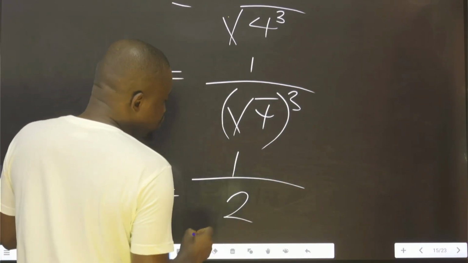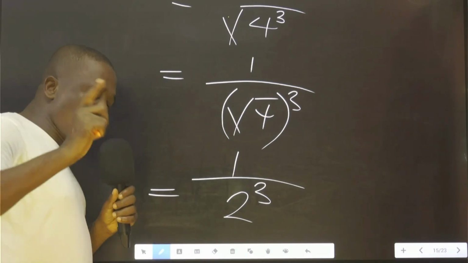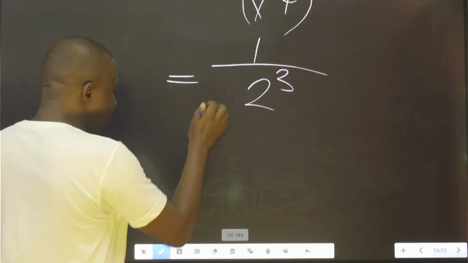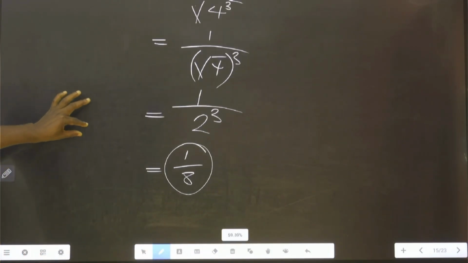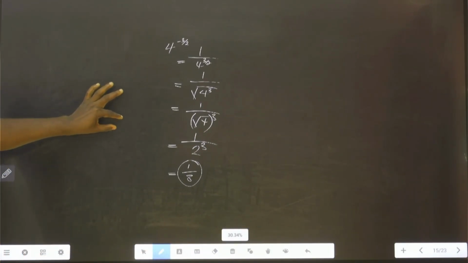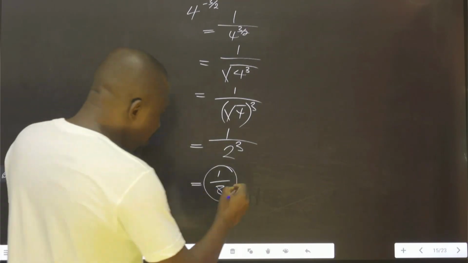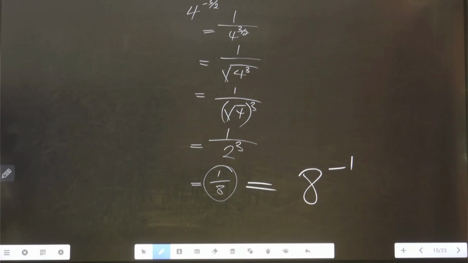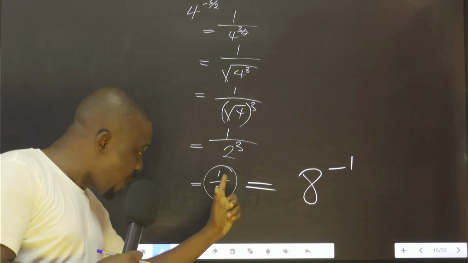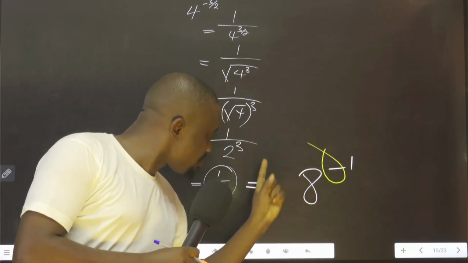Therefore, this is 2, 3. What is this? 2 times 2 times 2 is equals to 8. It means we have 1 over 8 as our answer. Okay? And if you want to express this, you can still put minus 1 here. Depends on you. Okay? As long as this is 1 over, it means minus.